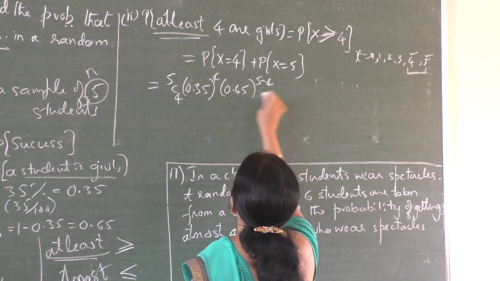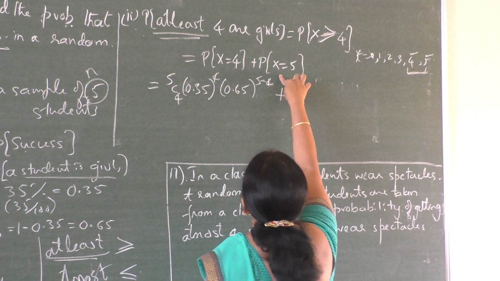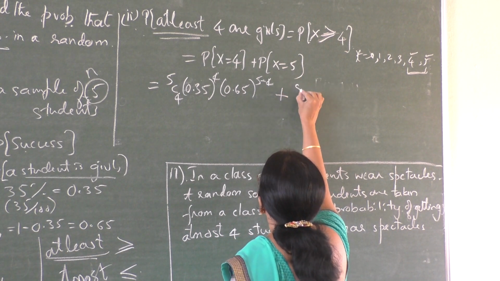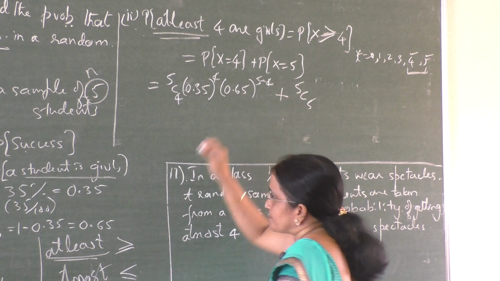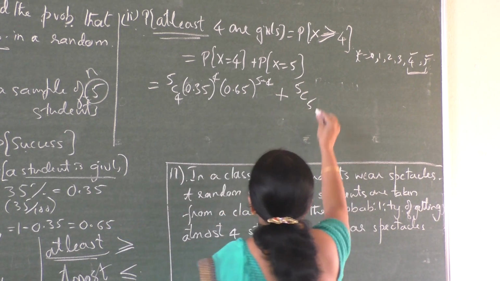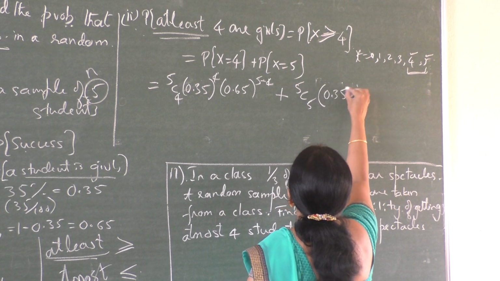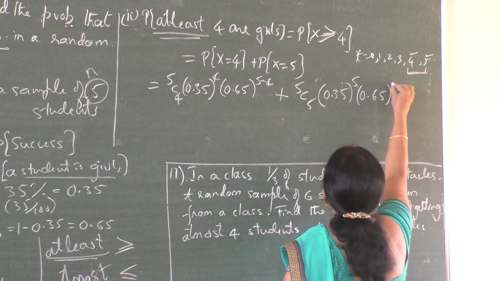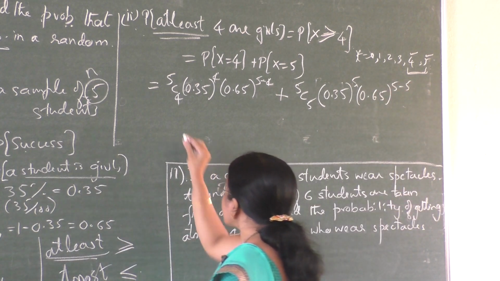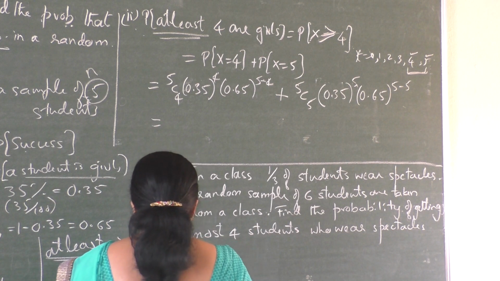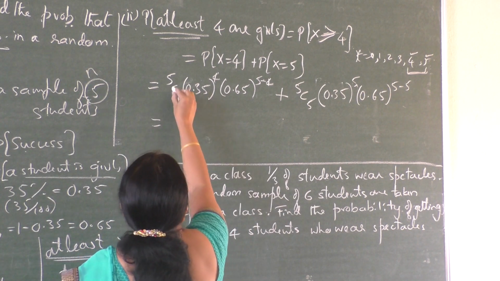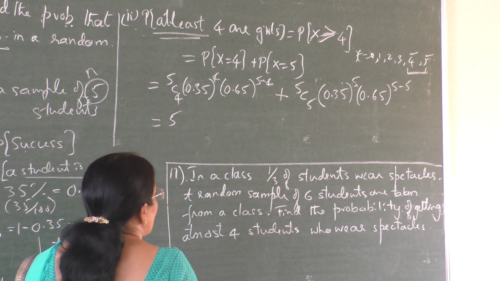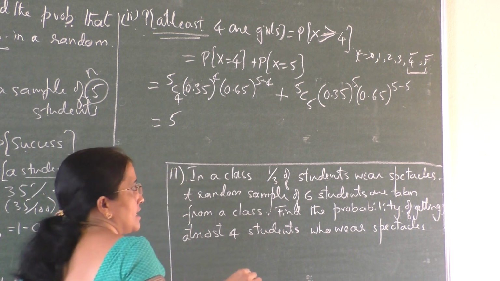Plus, come to the next part, probability of x equal to 5: substitute 5 in the probability mass function, 5C5 into 0.35 power 5 into 0.65 power 5 minus 5. 5C4 you have to calculate using the formula.